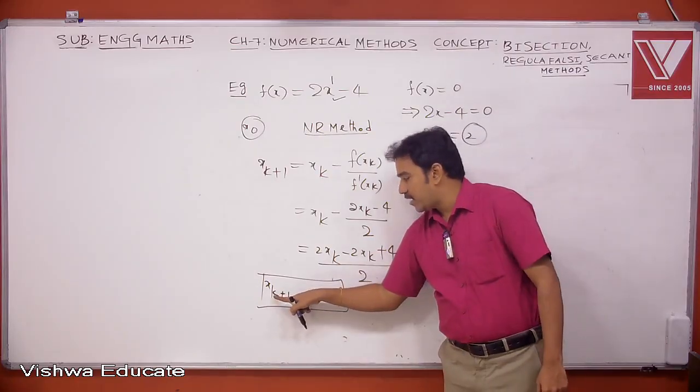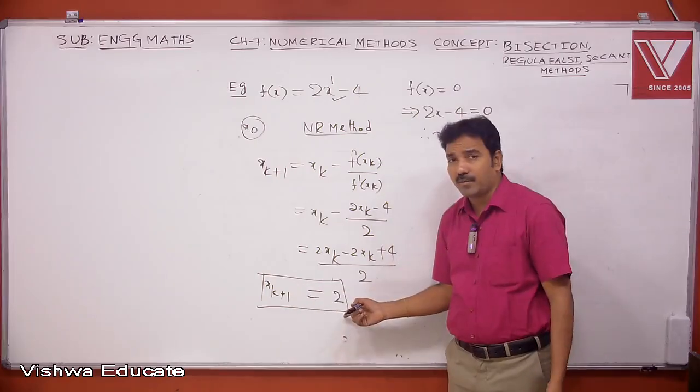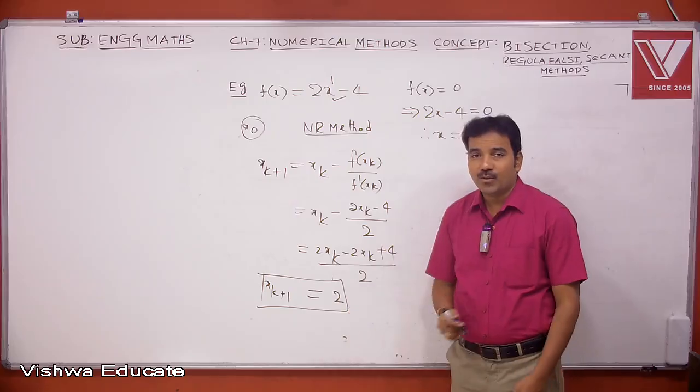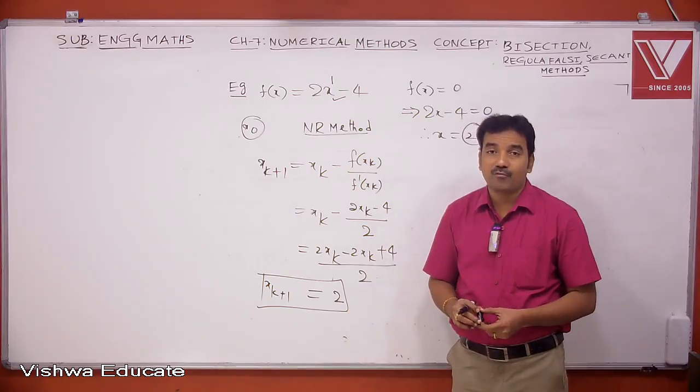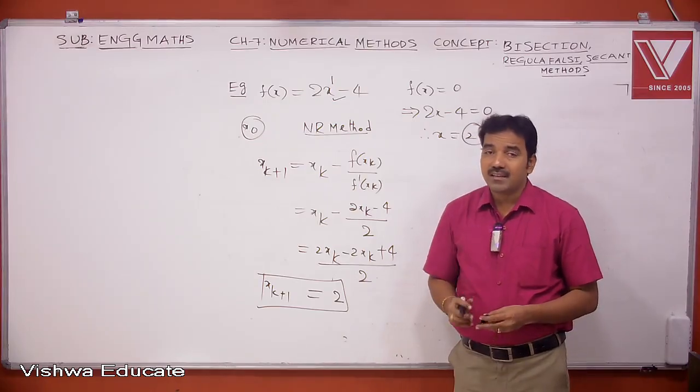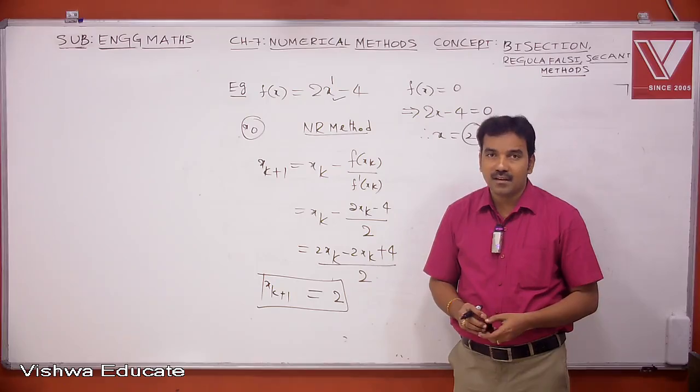Because when you take k equal to 0, x1 itself is 2. So in the first iteration itself you are getting directly 2.